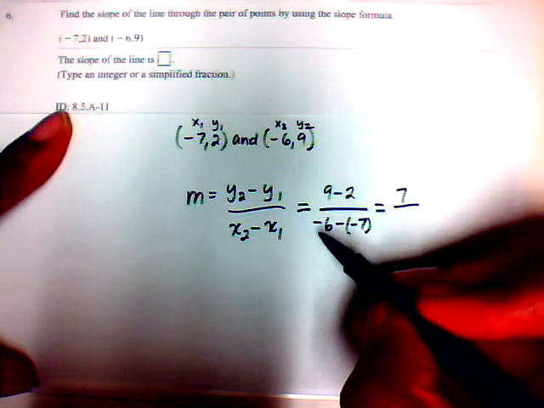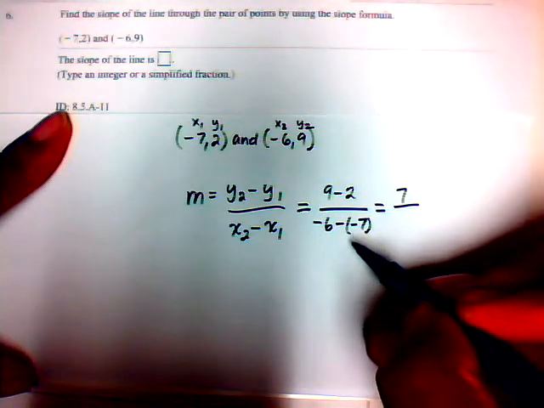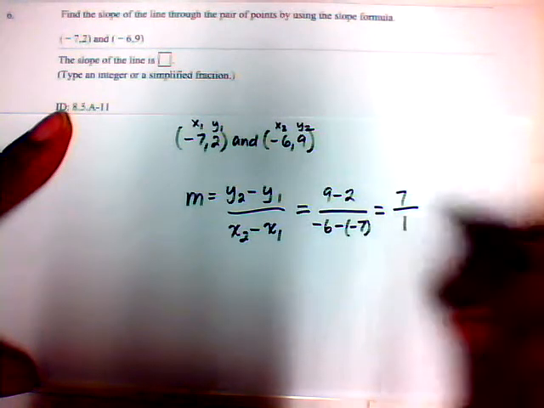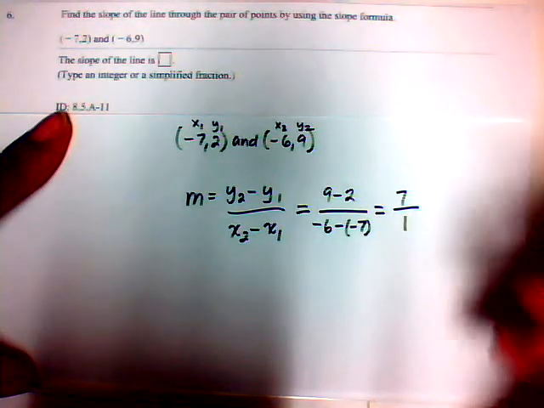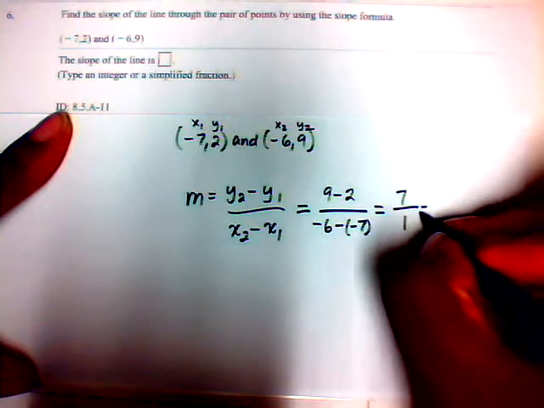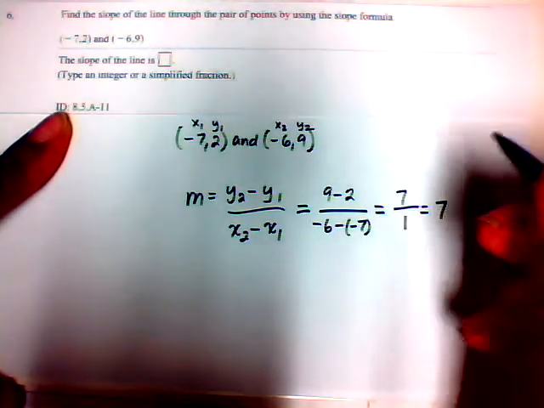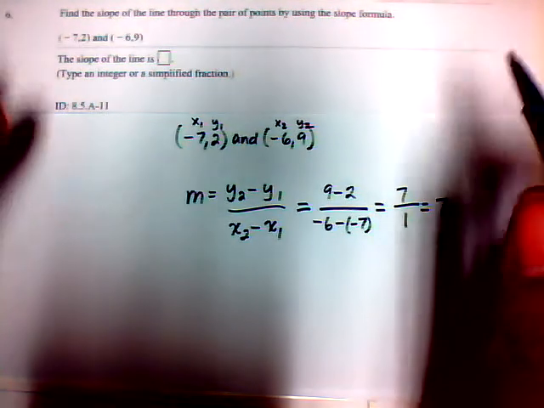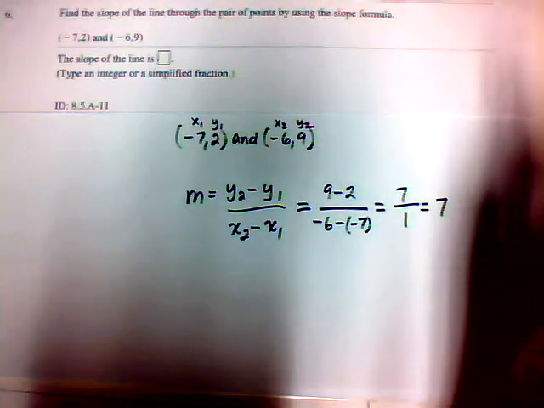The denominator is negative 6 minus a negative 7, which is the same as negative 6 plus 7, which is 1. So you have 7 over 1, which is just 7. The slope of the line passing through those 2 points is 7.